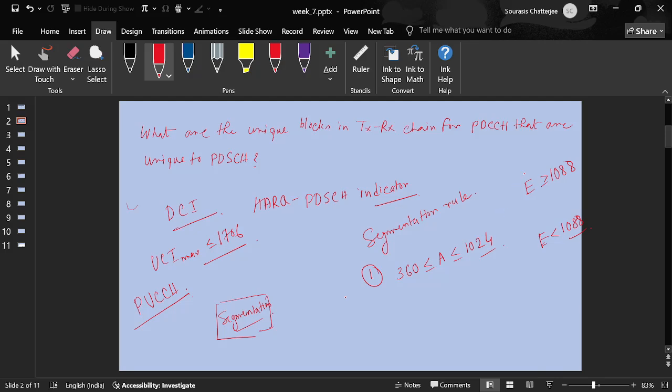So in this scenario, when the number of bits allocated for transmission is more than 1088, then actually I do need to segment it.